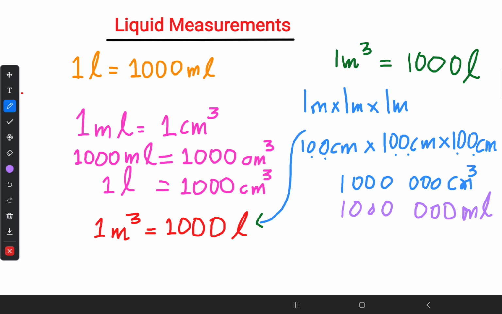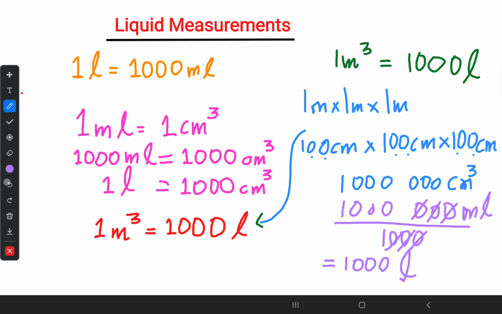Thereafter we know that 1000 milliliters equals 1 liter. So now we have the milliliter measurement. When I divide this by 1000, we obtain the liter measurement. So 1 million divided by 1000 is exactly 1000 liters.